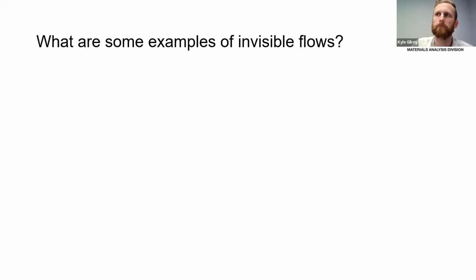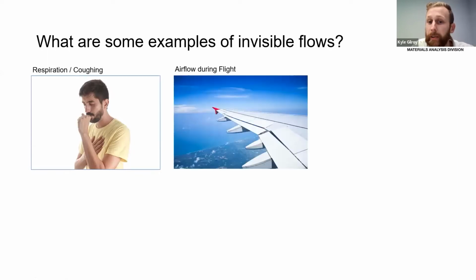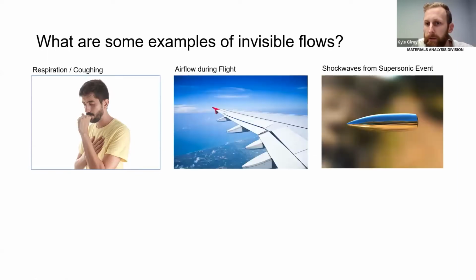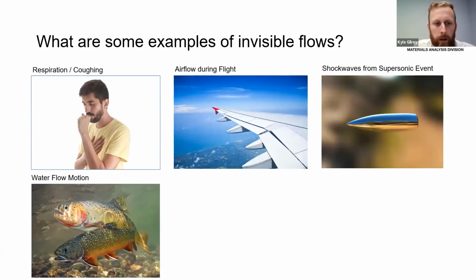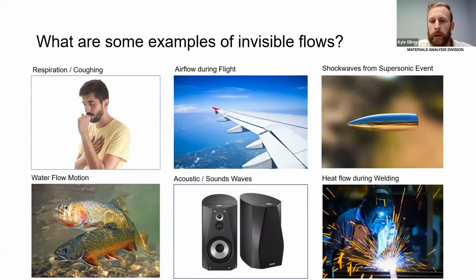You can think of coughing or respiration, airflow during flight, shock waves from a supersonic event, water flow motion, acoustic waves, and heat from some type of industrial process like welding, for example.